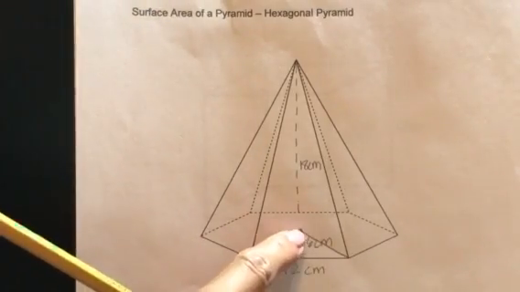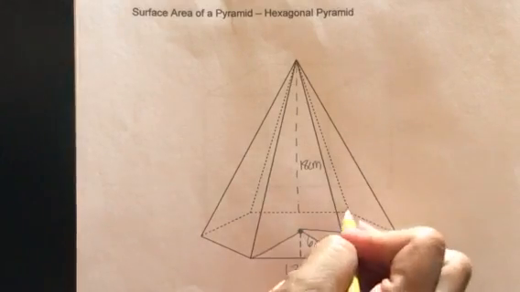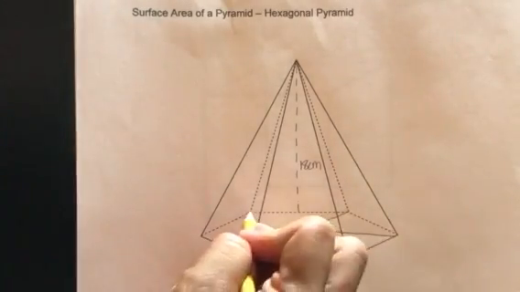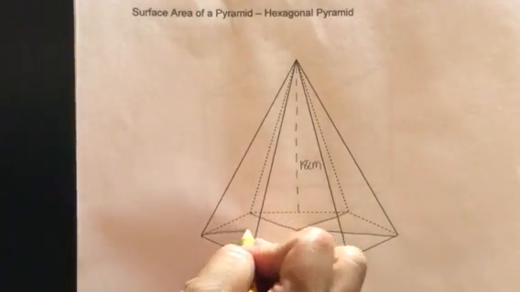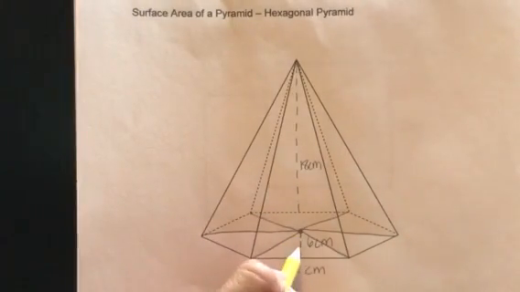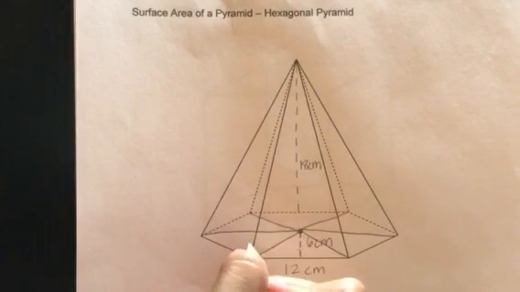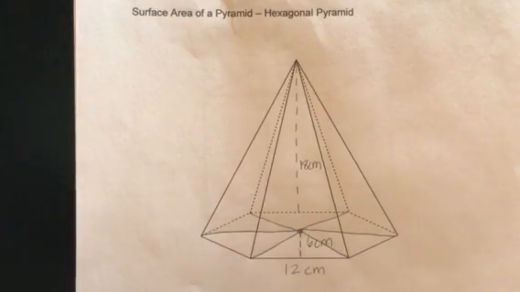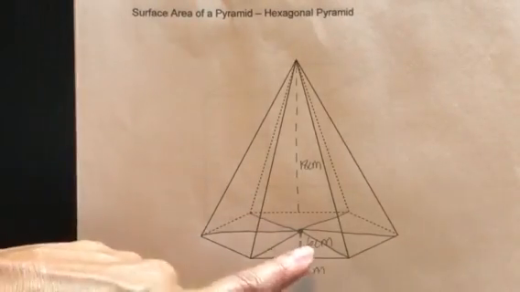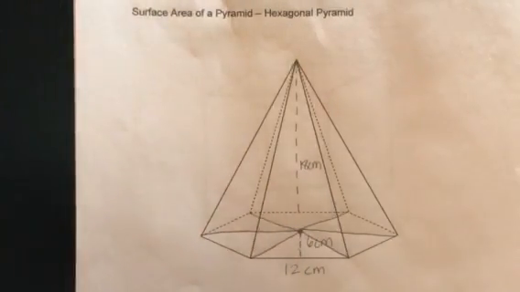From that midpoint, I can then draw another triangle there, another one there, there, and then finally one there. So if you can see, there's going to be 1, 2, 3, 4, 5, 6 identical triangles. If we solve for one of those triangles, then we're going to be able to know what all the triangles are and then add them together.